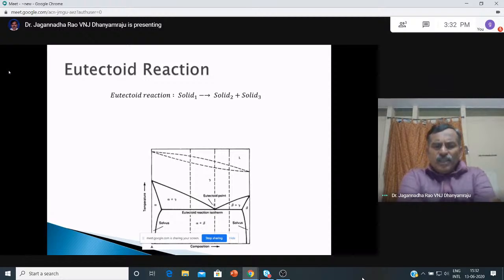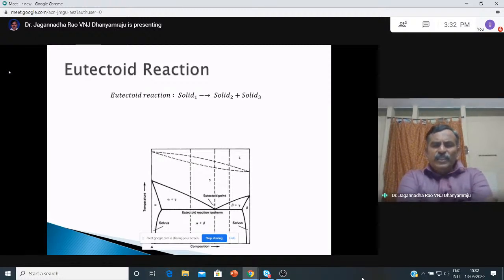Here you can see the eutectoid reaction. This eutectoid reaction is solid 1 precipitating into solid 2 and solid 3. And in the context of iron carbon diagram, it is the austenite that is separating into perlite and ferrite and cementite.